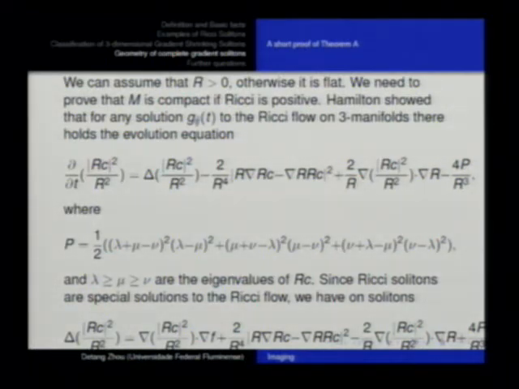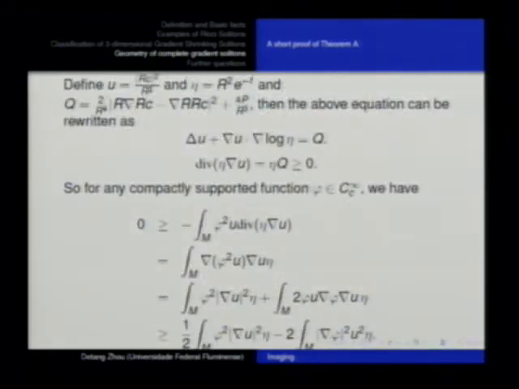So I just rewrite this equation. I call this term u, and eta is this. Q is the non-positive term, where I just changed the sign here. So the equation can be written as this.